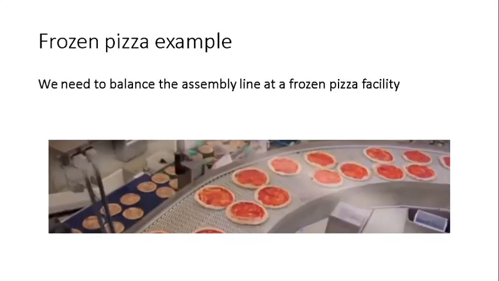Let's begin with a very simple example to introduce the basic notions around line balancing. Suppose that we have a facility that produces frozen pizzas to deliver to supermarkets. You can imagine roughly what the required tasks are in order to produce a frozen pizza.